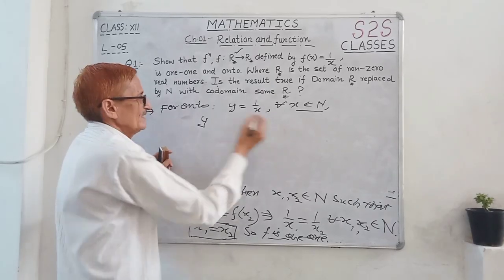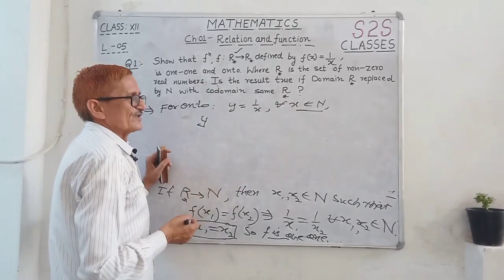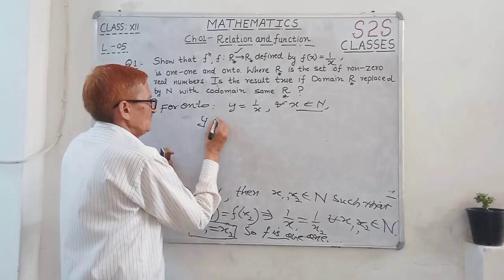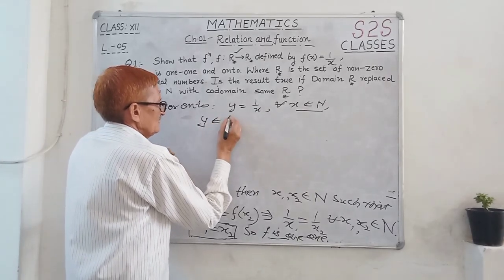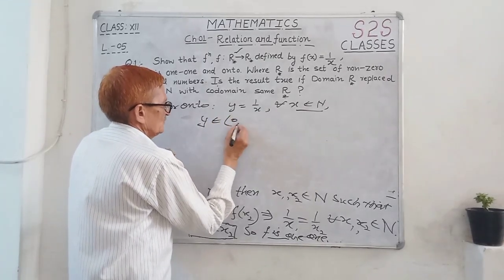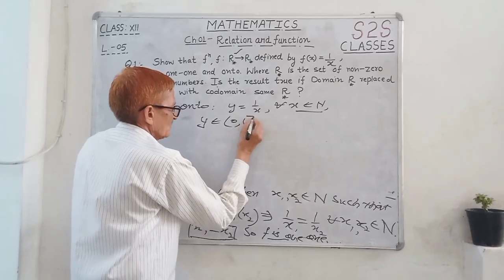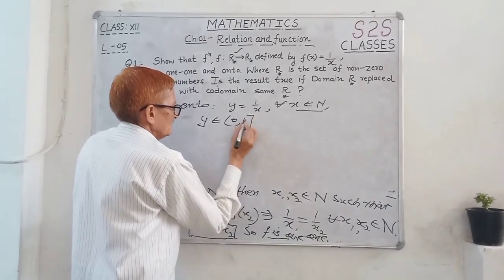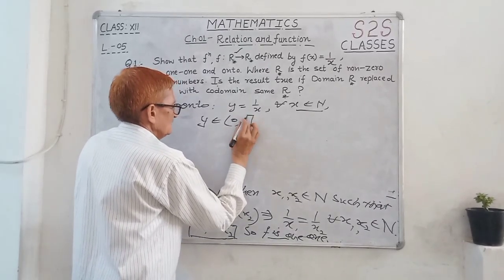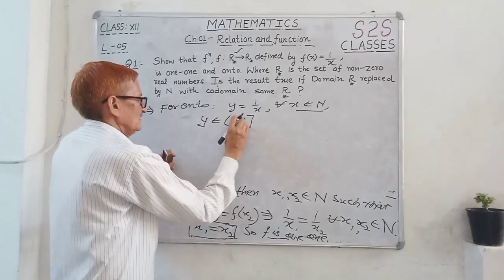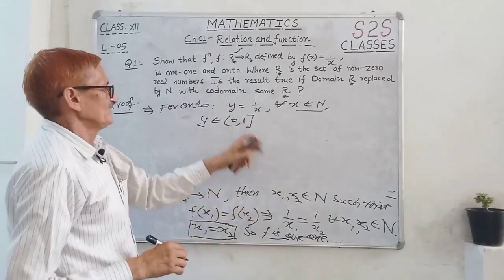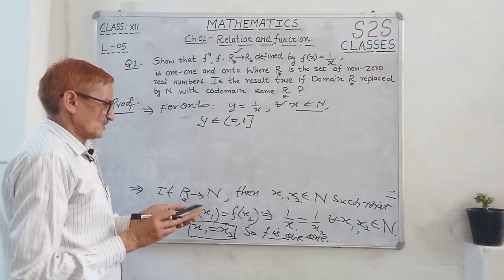Okay, 1 upon 2, 1 upon 3, 1 upon 4, 0 will not come. So y belongs to (0, 1]. It means between 0 to 1, not all real numbers are included.